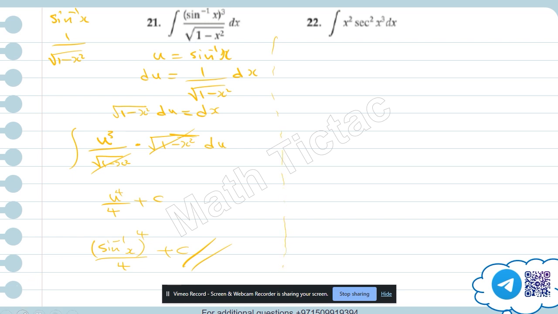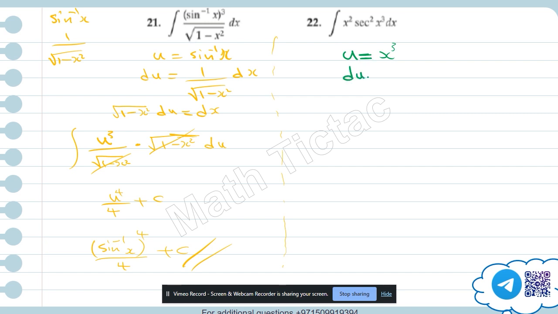Okay, what about question 22? For question 22, we have x squared secant squared x cubed dx. Now obviously the derivative of x cubed is 3x squared, so the assumption will be u is equal to x cubed, because the derivative of x cubed exists over here, which is 3x squared.